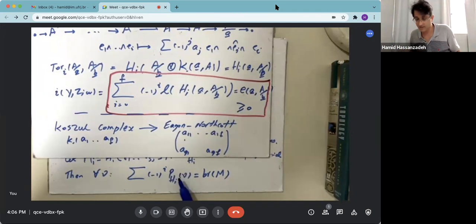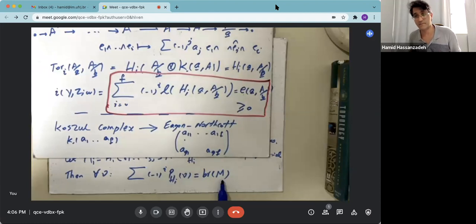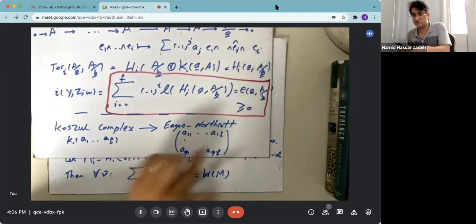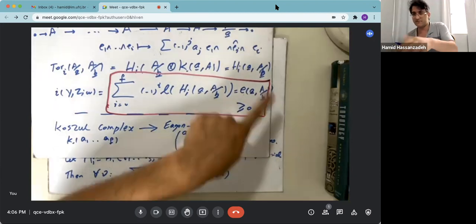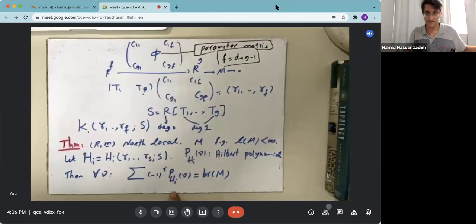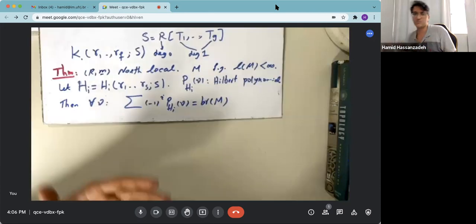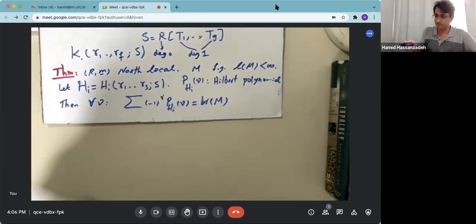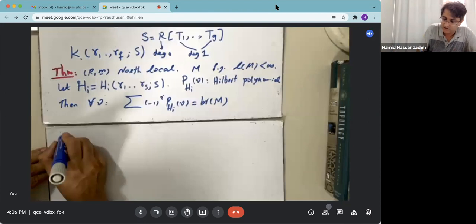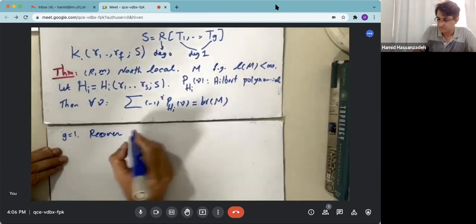Still, the alternating sum of these polynomials is the Buchsbaum-Rim multiplicity. During this, we did not use any of the techniques of Serre. In our case, when you put g equal to 1, then you recover the Serre formula.